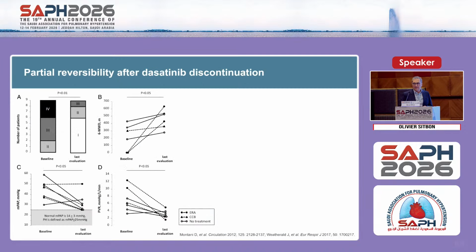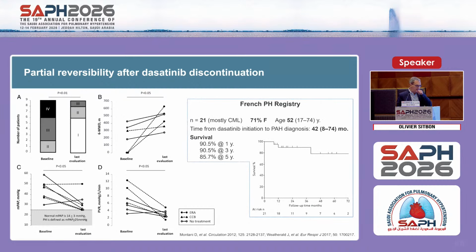The evolution of pulmonary hypertension in those patients is usually good, and we usually observe a partial reversibility after dasatinib discontinuation. It's totally different from what we observed with anorectic drugs, for example. Some patients improved just after this discontinuation. Some others need additional drugs, but overall, the patients improve after dasatinib discontinuation.